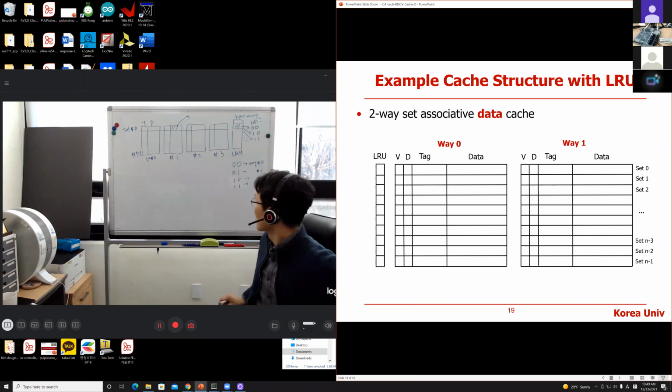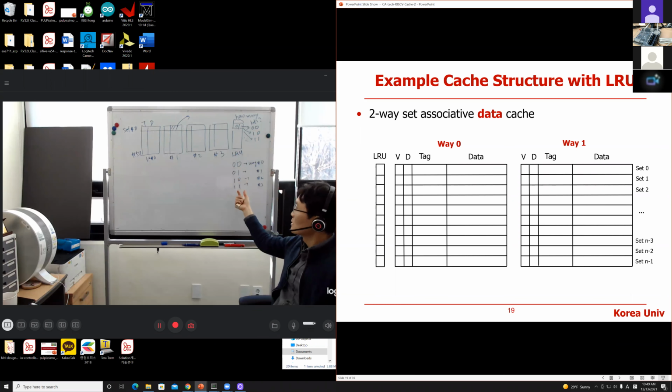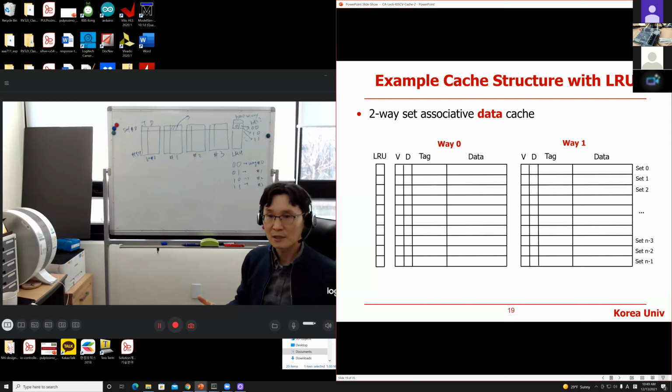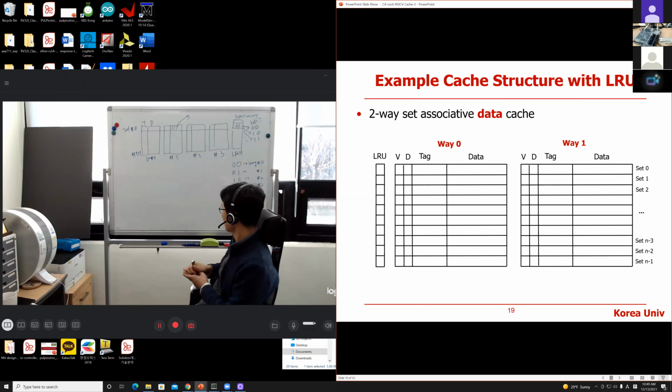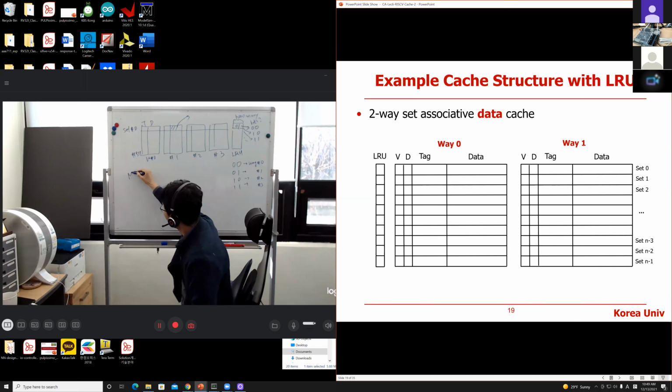The problem is with the 2-bit, you don't know the history, the access history. Which one is most recently used? Which one is most recently accessed? And which one is least recently accessed, LRU?